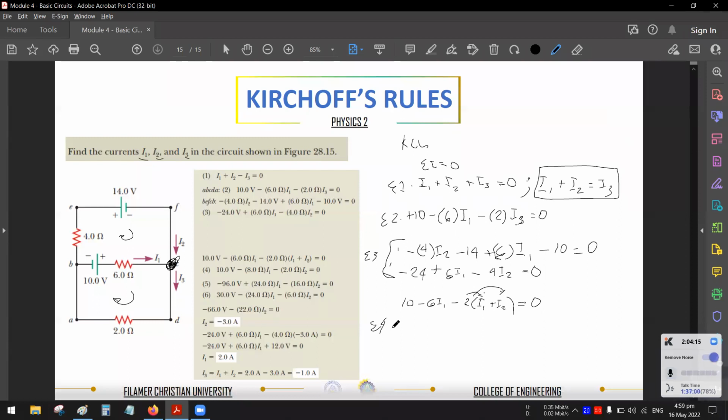That is equal to 10 volts minus 8i minus 2i sub 2, which is also equal to 0. Ano talaga, distributive property talaga niya.